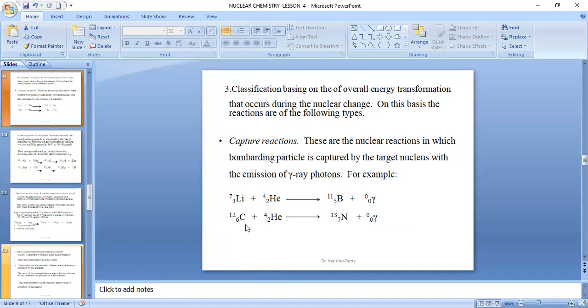The second one is carbon-12, which captures the alpha particle to give rise to nitrogen-13, and the gamma ray photon is emitted.